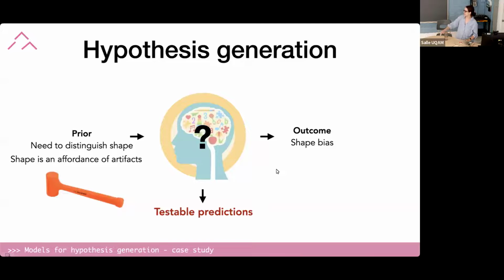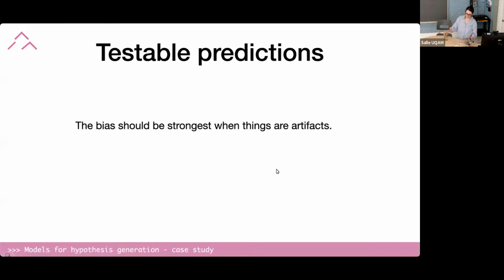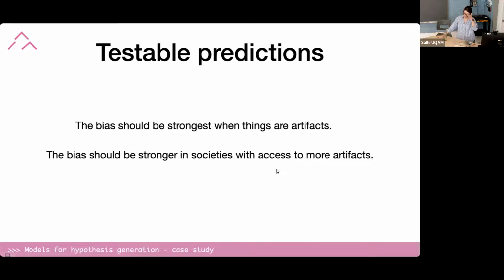So this gives us testable predictions now. So what are those testable predictions? Well, on the one hand, we should expect the bias to be strongest when things are assumed to be artifacts, right? And on the other, the bias should also be strongest in societies that have access to more artifacts. So if you live in a society where there are just fewer artifacts, we may not expect the bias to be as strong.